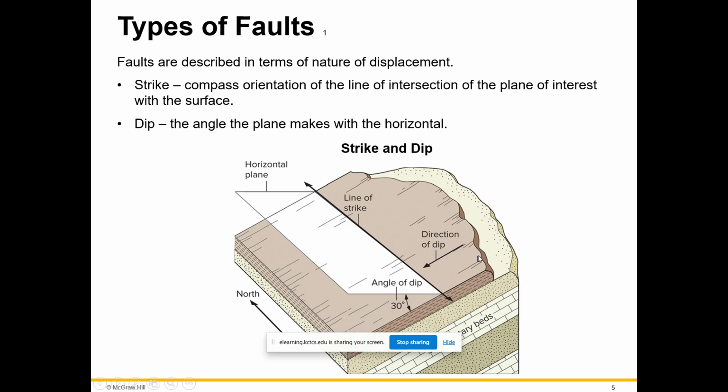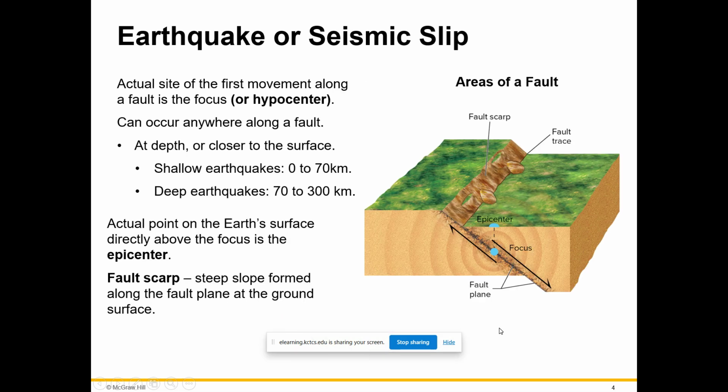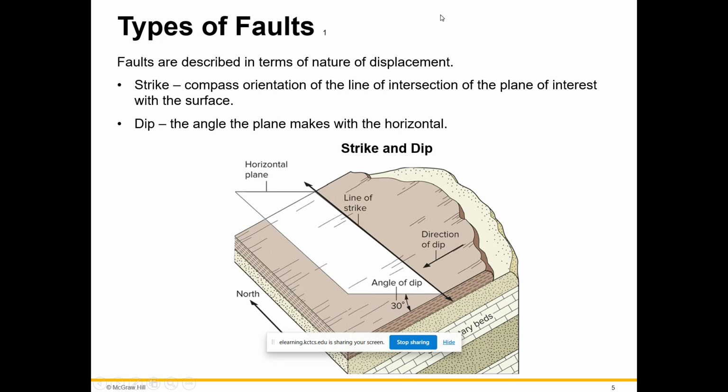And then the dip is how much it's dipping. So again, if we look here from the surface down, that might be just a perfectly drawn 45-degree angle. That would be a 45-degree dip. This next one here, that might be about 45 degrees too, dipping, but obviously in a different direction.